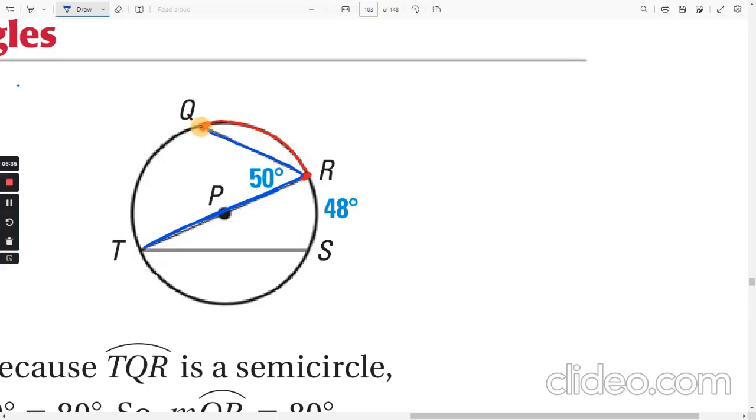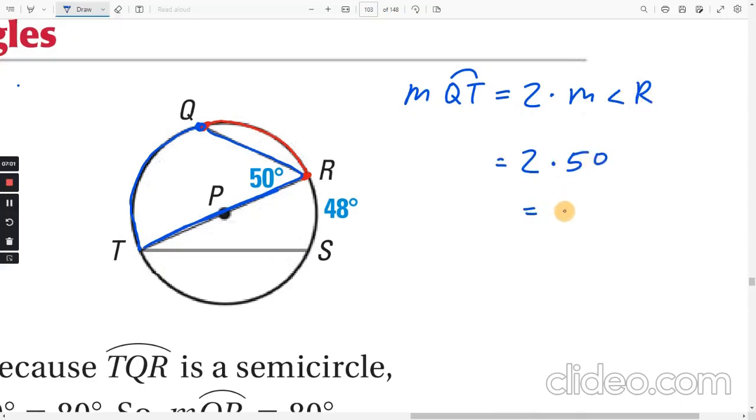So if we do arc QT, the measure of arc QT is going to be 2 times the measure of angle R. That's just going to be 2 times 50, which equals 100.